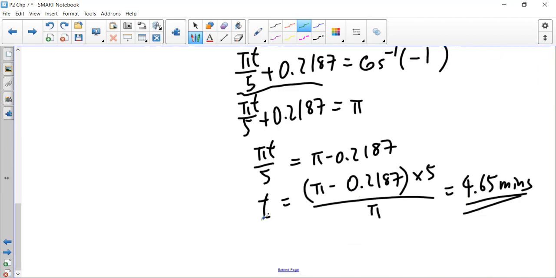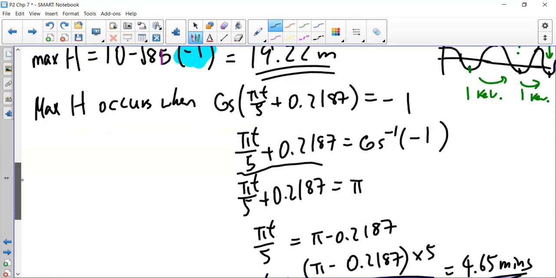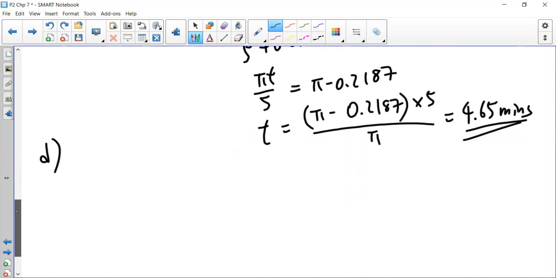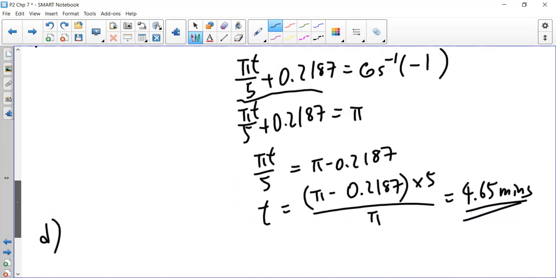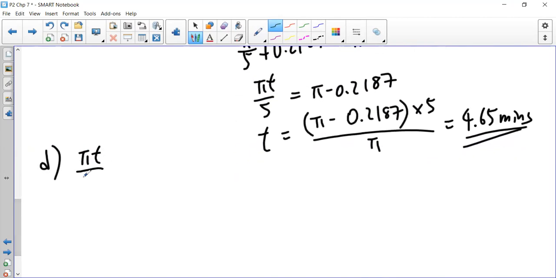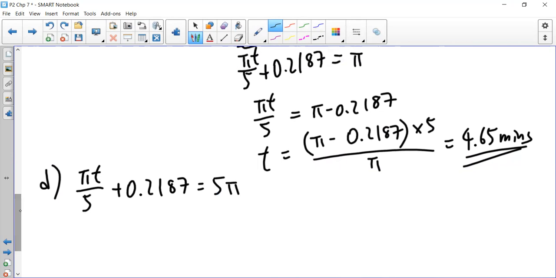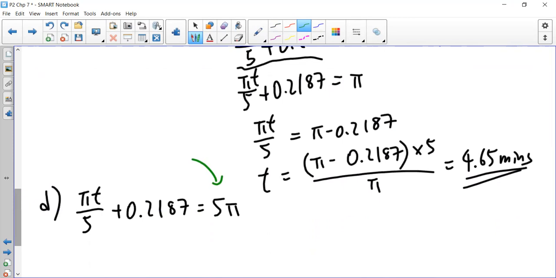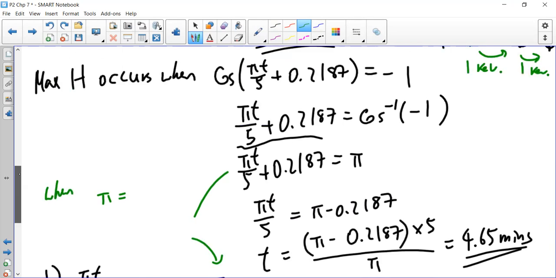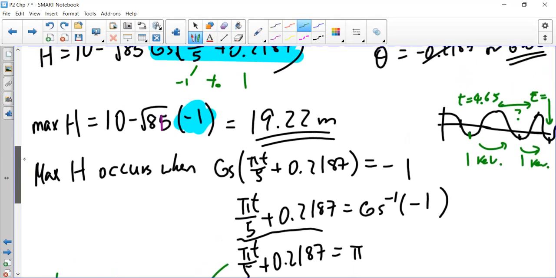So part D. You're going to write as detailed an explanation as you want on where this came from: pi t over 5 plus 0.2187 equals 5 pi. I'll help you a little bit in here. You might want to point this out.